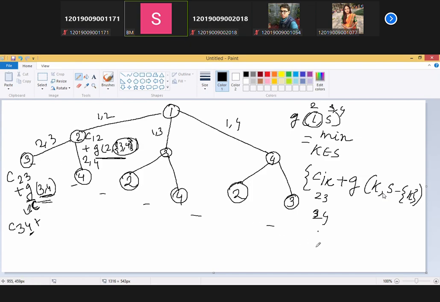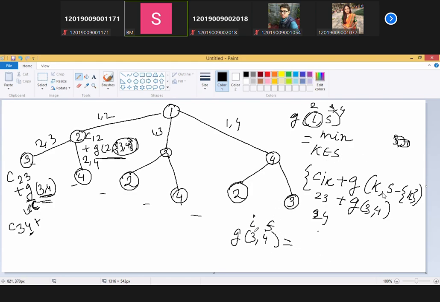Now in that phase, when you are calculating it for 2 to 3, then it will be g of, again, k means your 3, s means what? S was 3, 4. So set of 3, 4 minus 3 will be only 4. So if I consider now g of 3, 4, i means now 3 and s means 4.